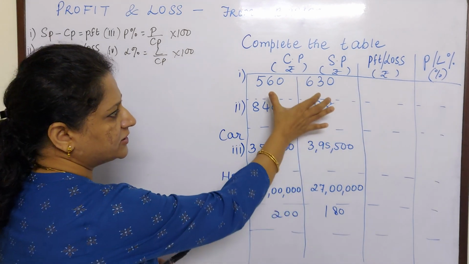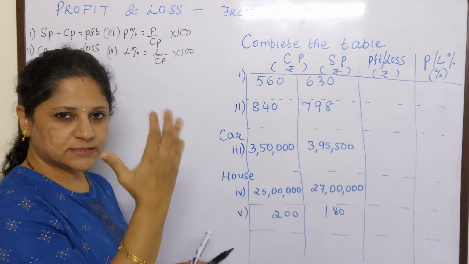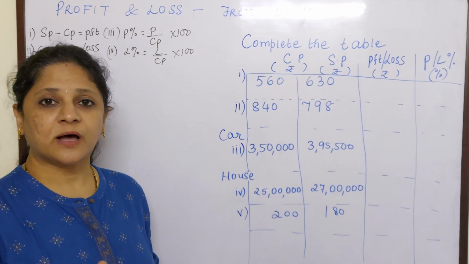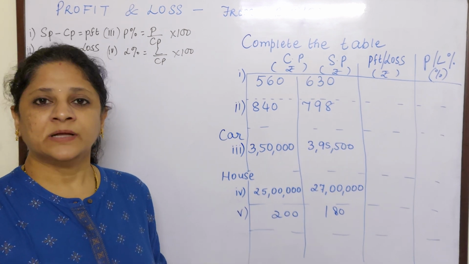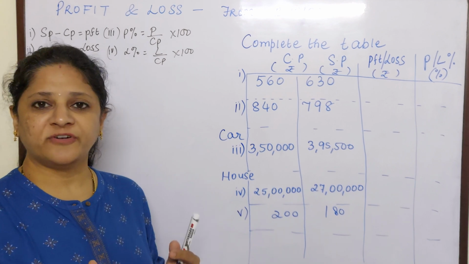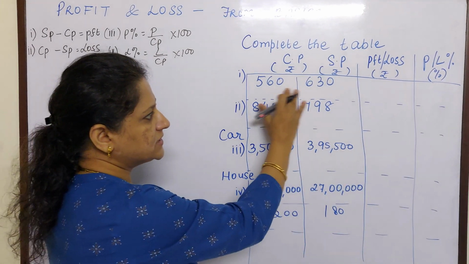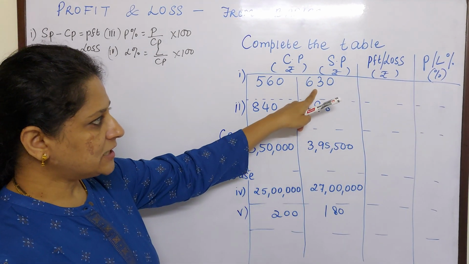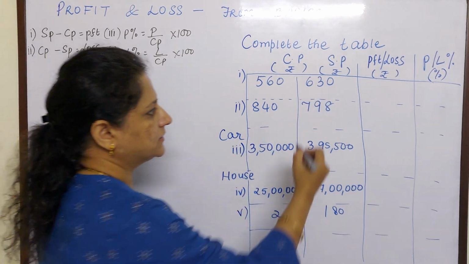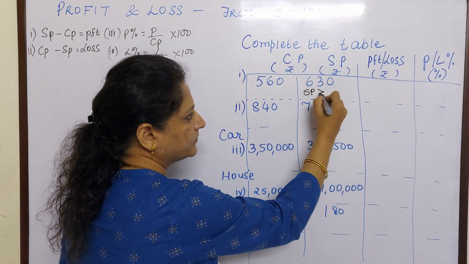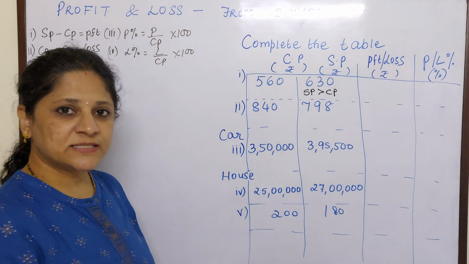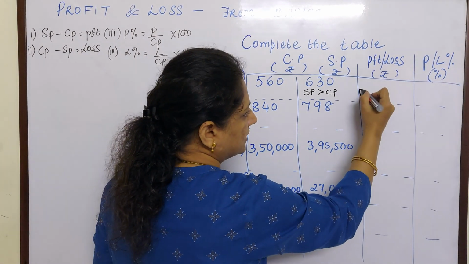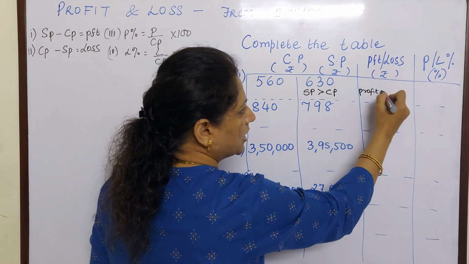So children, whenever you are seeing a cost price and a selling price, first thing you should observe is which is greater. That will tell you whether it is profit or loss. Now in this, if you can see, selling price is greater than cost price. So if selling price is greater than cost price, then it is a case of profit.